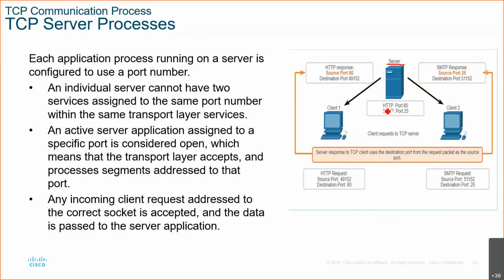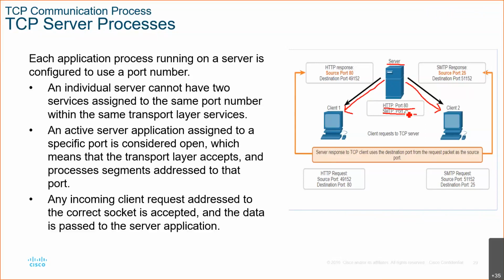One is an HTTP service, and the other one is an SMTP service. So no problem. This one will access one service, because it wants a web page, so that web page will be given to it. This one wants to get its email, so it is working on port 25.